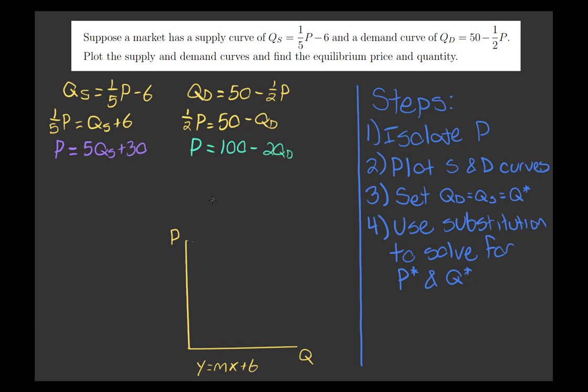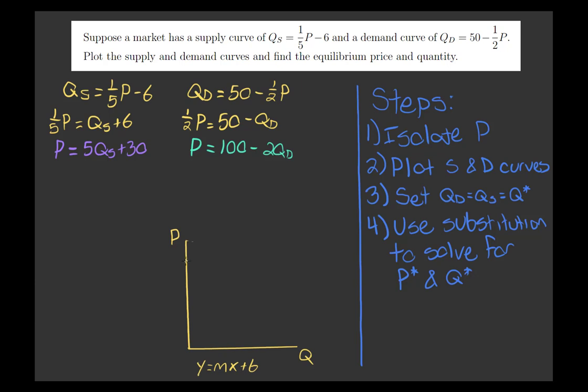Now we have to plot the supply and demand curves now that we've got the inverse supply and demand curves. So I always like to start with the demand curve since it is downward sloping. This is actually going to make it a bit easier to draw since we can get 2 points on the axis of the plot. So if we sub in QD is equal to 0, we can see that P will be equal to 100.